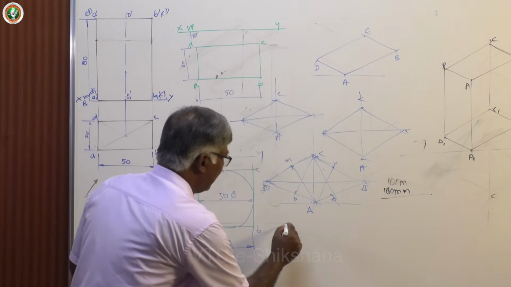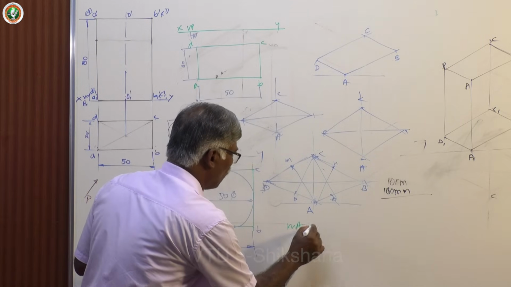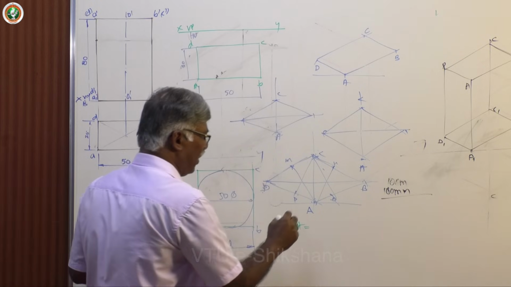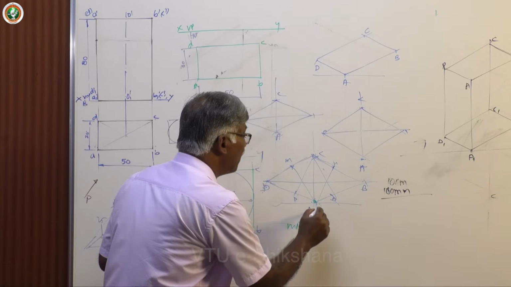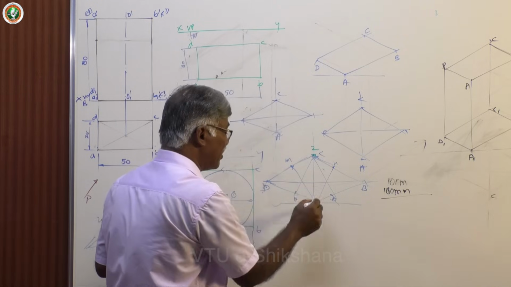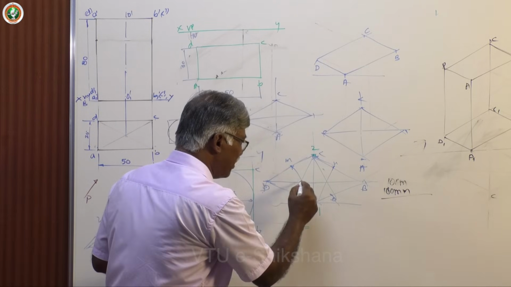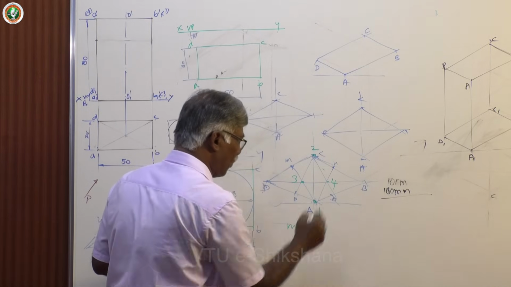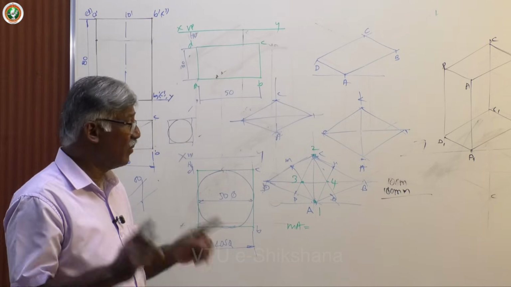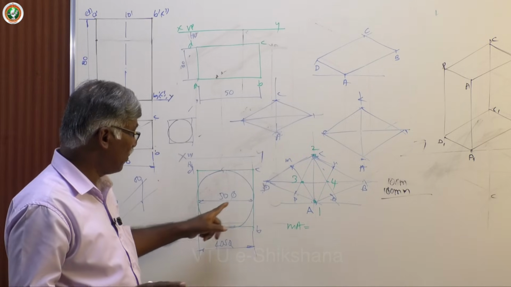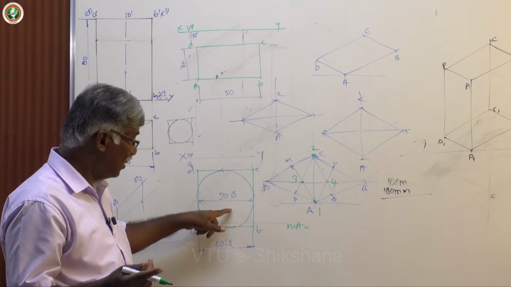Then I will equate some of the values here. Let me name four points. Keep this as 1, this is 2, coinciding with A and C. This point as 3 and this point as 4. These are the 4 centers we need to complete the isometric view of the circle.